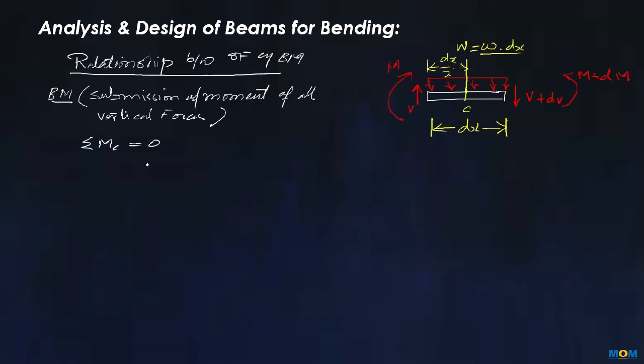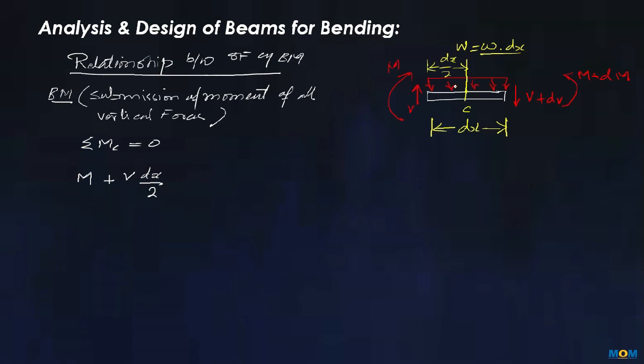So starting from the left we have moment M plus V multiplied with dx upon 2.